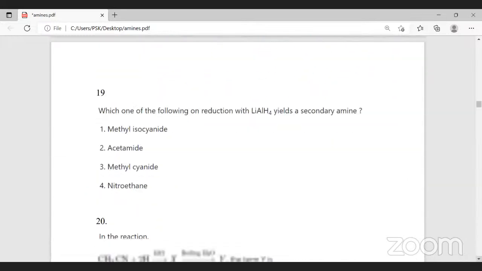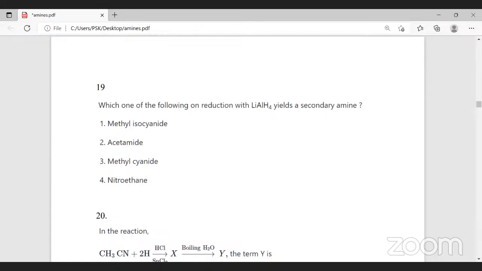The next question: which one of the following on reduction with lithium aluminium hydride yields a secondary amine? So we can write CH3 N triple bond C. See, we want a secondary amine. If we take a cyanide, we will get a primary amine.